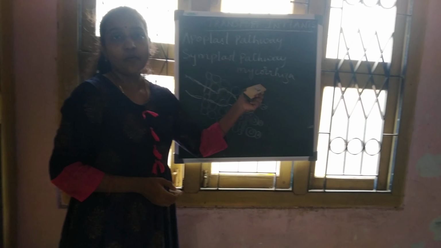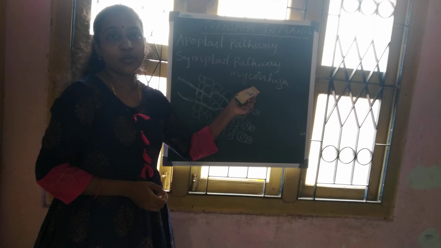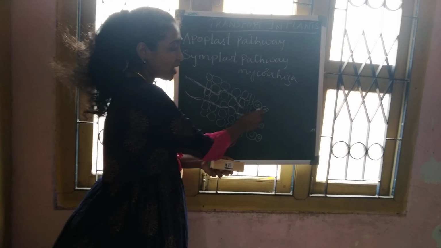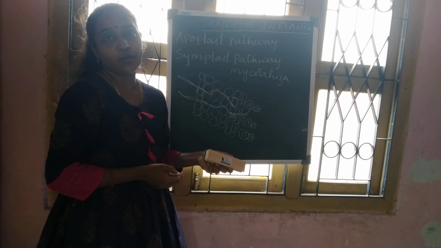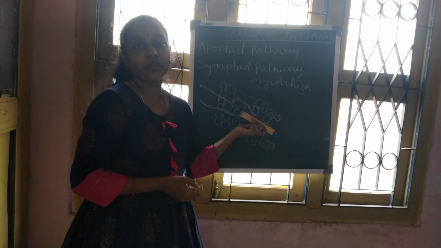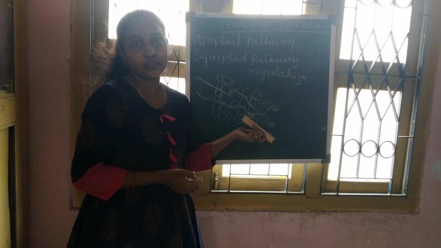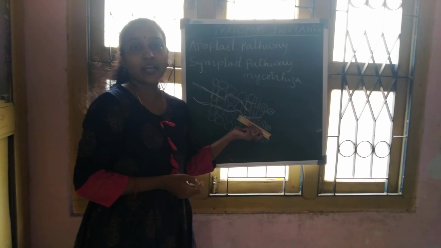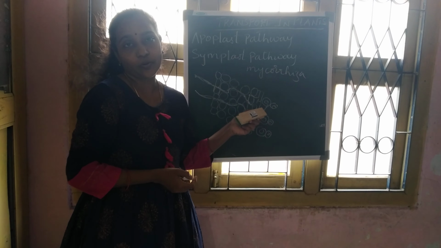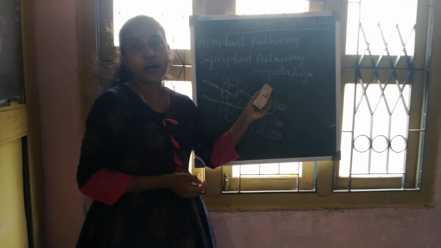These fungi produce very thin hyphae which are able to absorb more water, and this water is passed to the different parts of the plant. In turn, the fungi get food from the plant. In this way, both are mutually benefited. So this is also one kind of symbiotic relationship between fungi and higher plants, which is called mycorrhiza.